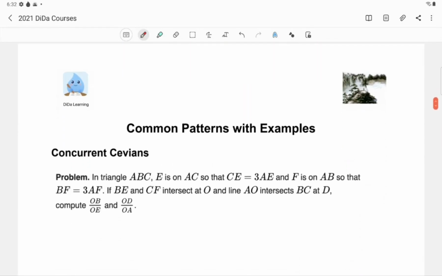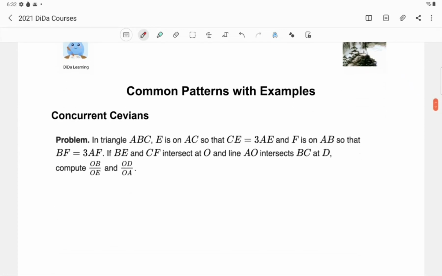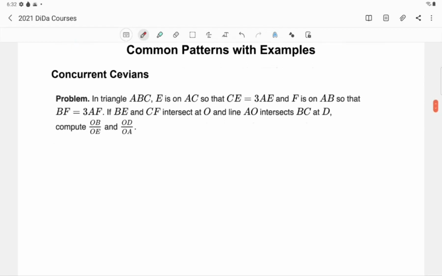I think for this method, the best way to learn it is just by examples. I divided it into 3 common patterns that pretty much cover every possible way you could encounter in using mass point geometry. The first one is called concurrent cevians.